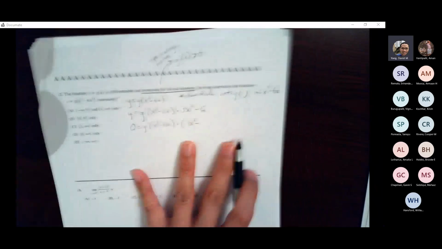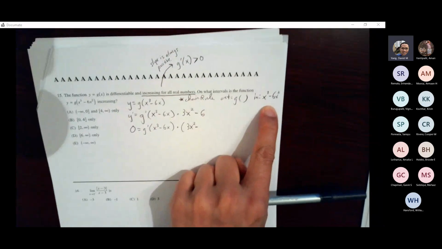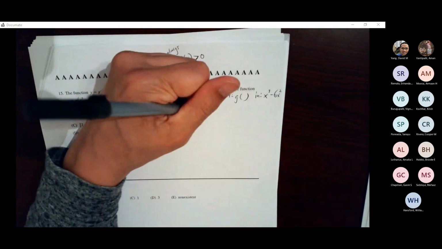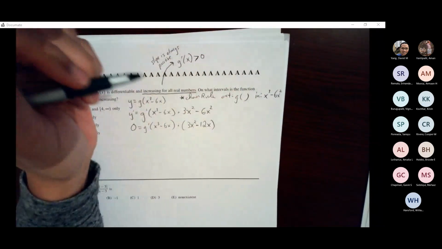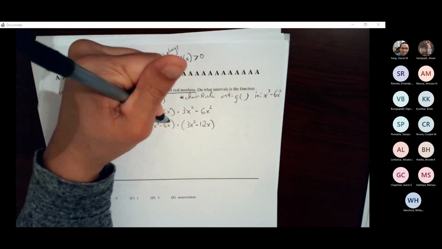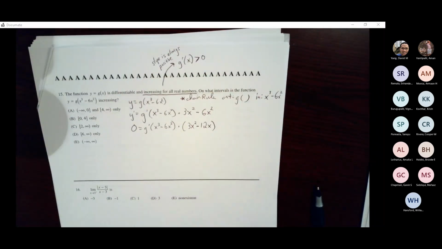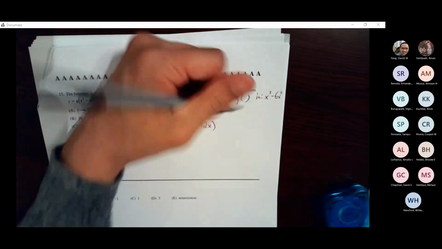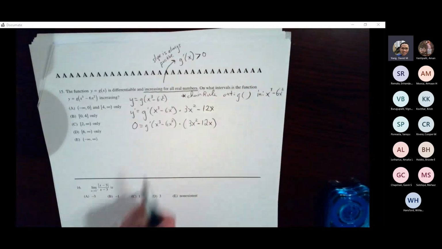Oh, sorry, it's minus 6x squared, I did not put that here. Then it's 3x² − 12x. Accidentally copied it wrong here. So we want to set y prime equal to 0.